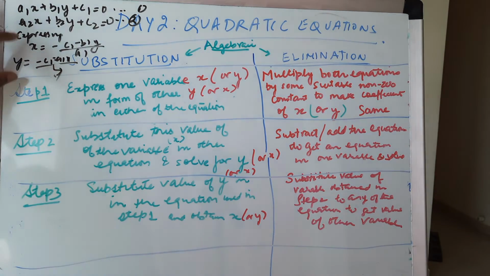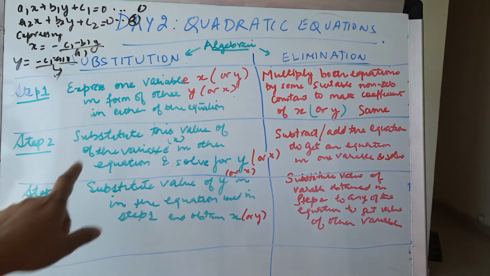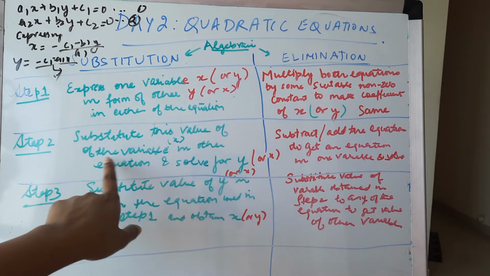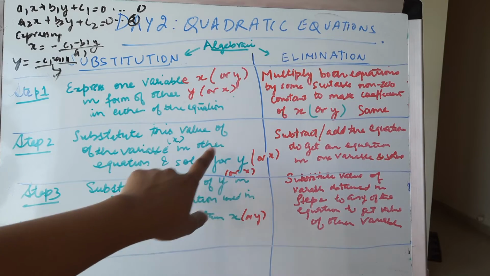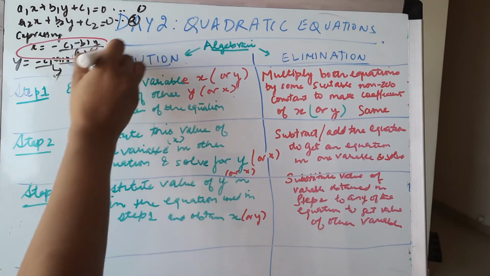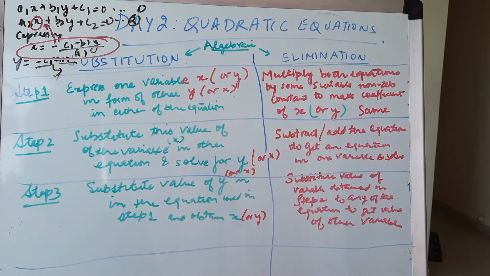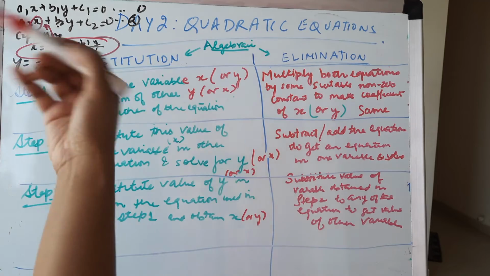Now that we have expressed either of them, for example we have considered equation 1 and expressed x, then we have to substitute this value of x in the other equation and solve for y. So we will substitute it here. I'm not going to show this, because we'll go by examples, right?